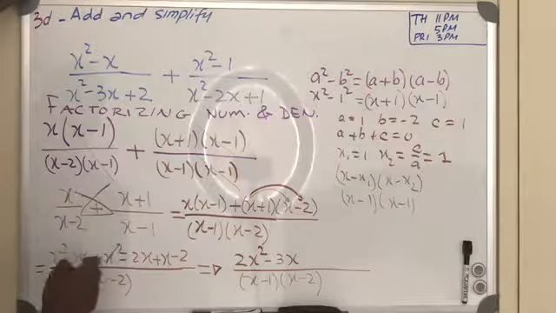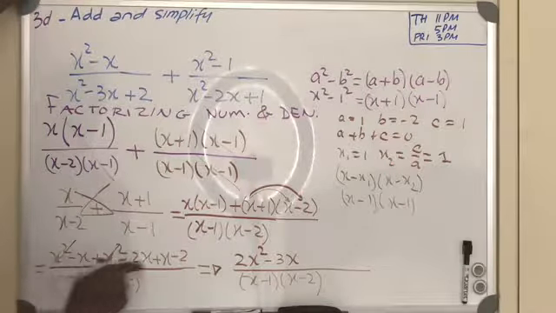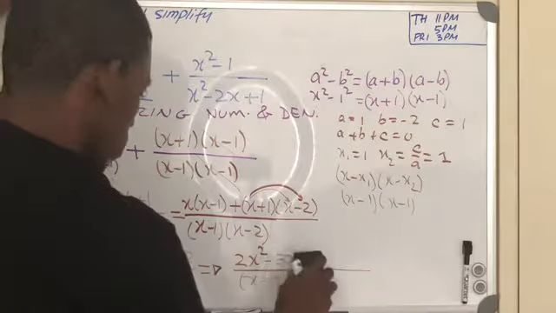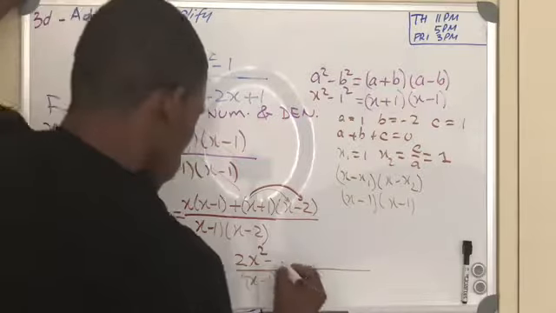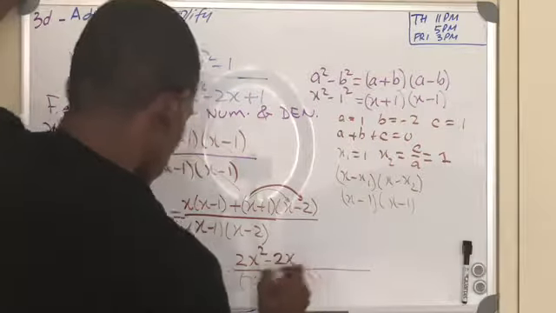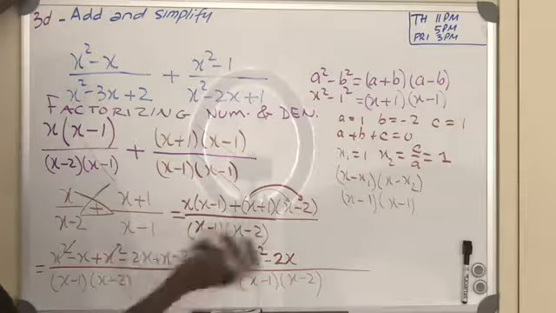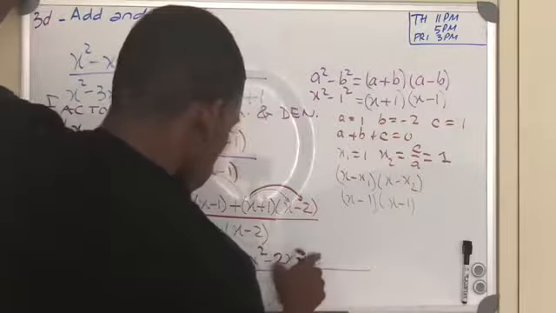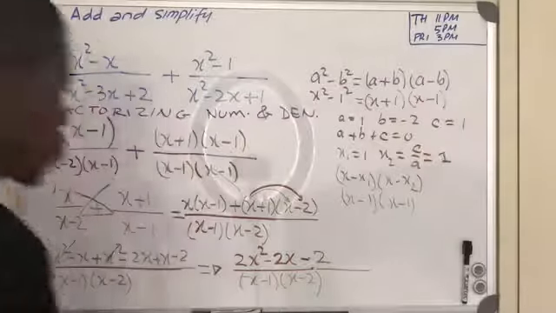That's 2x squared, minus x plus x, 0, minus 2x. Minus 2x minus 2.